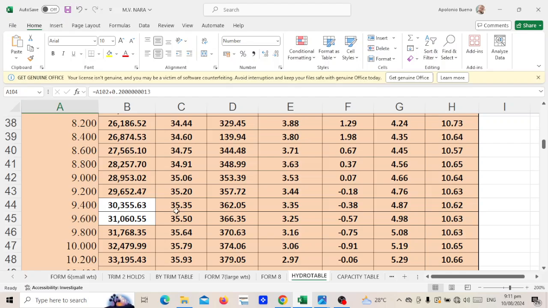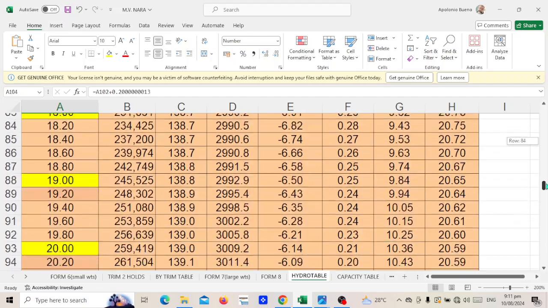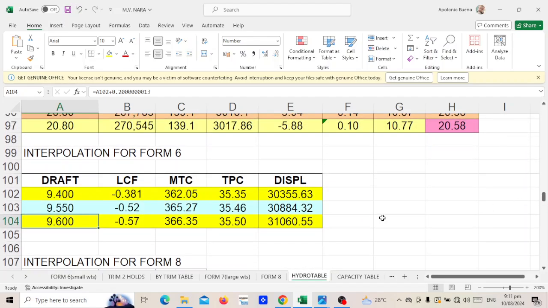Here it is in between this one, and your LCF is somewhere around here. So let's investigate. We have a program for interpolation, which is this one. You just put here 9.55, then automatically it will give you the amount of MTC and LCF.